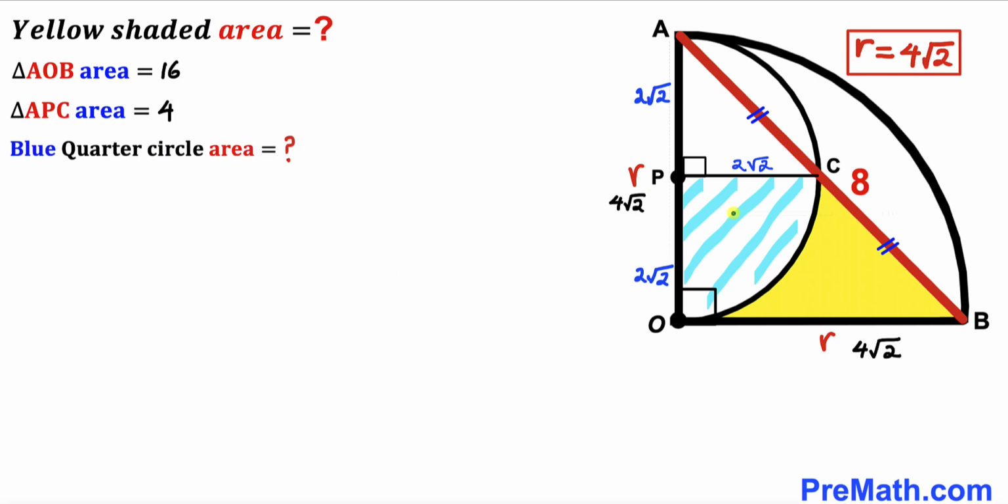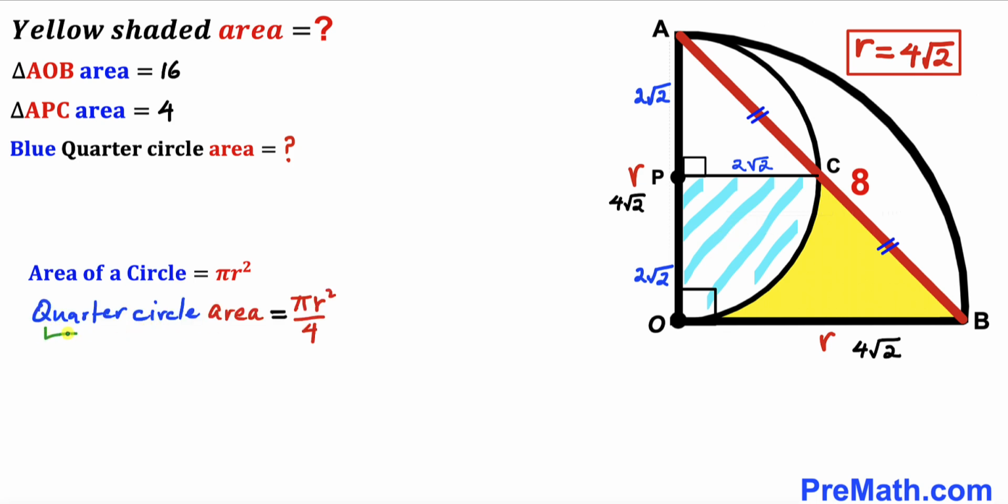Now we are going to calculate the area of this blue quarter circle. Let's recall the area of a circle formula: area equals pi r squared, where r is the radius. Since we are dealing with a quarter circle, the area is pi r squared divided by 4. The radius of this blue quarter circle is 2 times square root of 2.